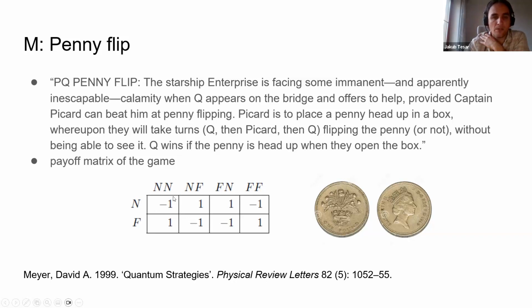So it's either -1 for Picard if neither flips the coin, and it's 1 for Picard if he flips, but Q decides not to flip it, and so on. They do not have the same number of moves, but the game is fairly symmetric, or I would say fair, classically. You cannot really get an advantage whether you are starting the game or are second in the game. But now we try to start quantizing the game.